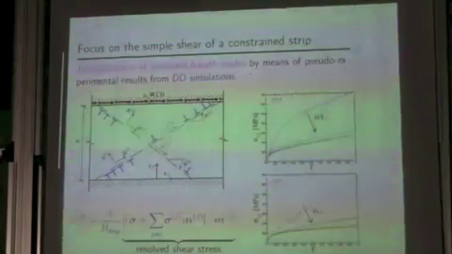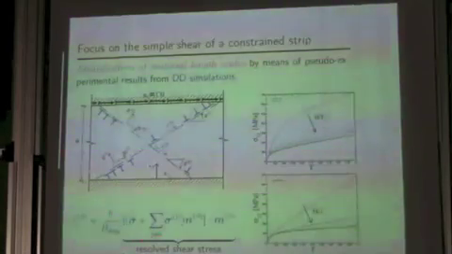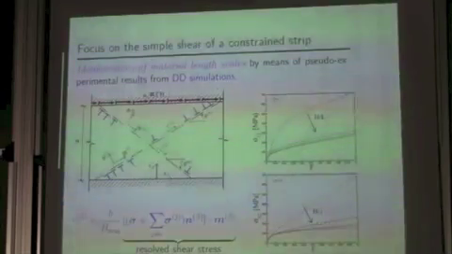So it's just a superposition. And this small b is the Burgers vector, and this is the drag coefficient.